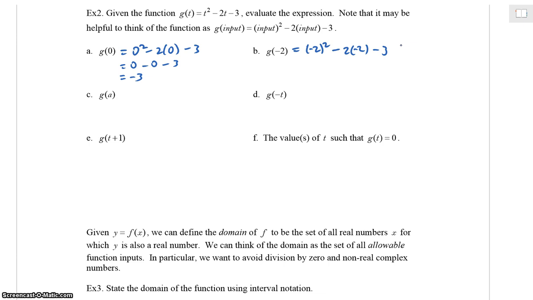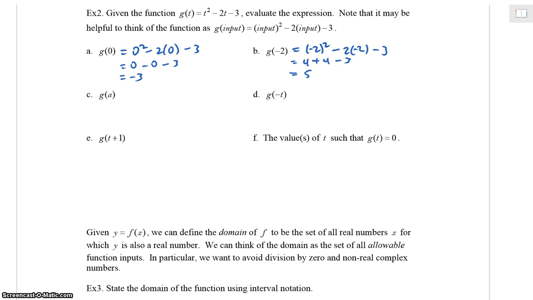And that's the way you should write it. Simplifying, this is positive 4, then plus 4, minus 3, which is 8 minus 3, which is 5. So g of negative 2 equals 5.